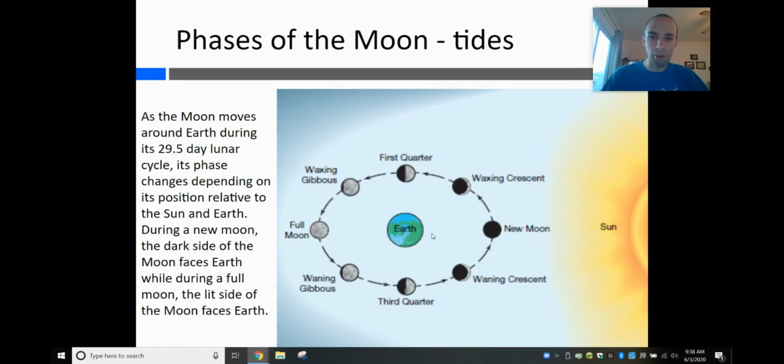So during a new moon, when the Earth, the moon, and the sun are all lined up in a straight line like this, now we have the gravitational attraction of the moon as well as the sun kind of pulling together, almost like a tug of war. And when they pull together, they actually greatly exaggerate this tidal bulge in the Earth's ocean. So it makes the high tides much higher than normal.